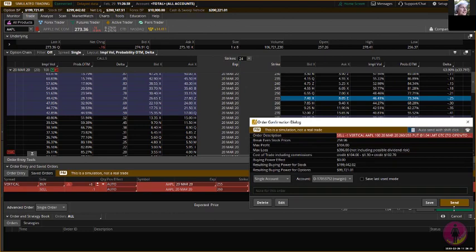So you have got your break-even point at 258. You sold it at 260, you bought it at 255, so your break-even is 258.96. At the moment you go below that, you're losing money.